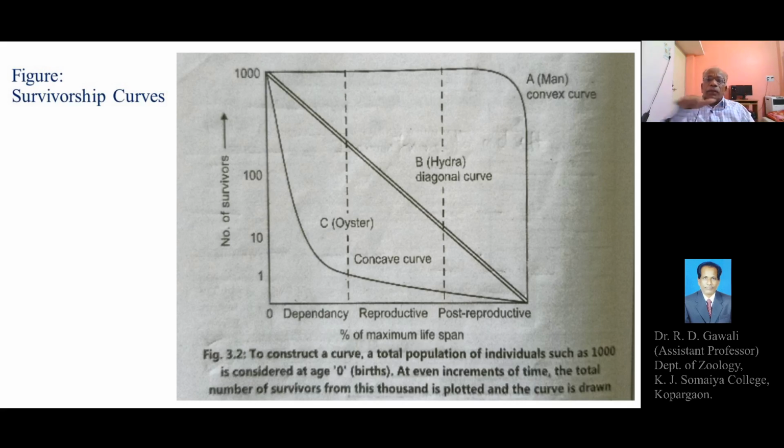Initially we can see there are 1000 individuals, and there are even increments of the time. These are the three steps: young stage, adult stage, or the old stage. Or we can see the dependency, that is a pre-reproductive stage, reproductive stage, and the post-reproductive stage.